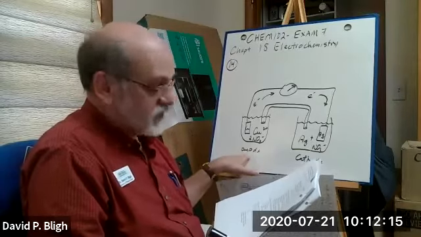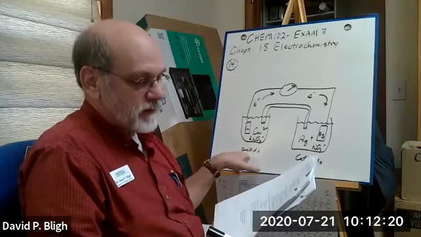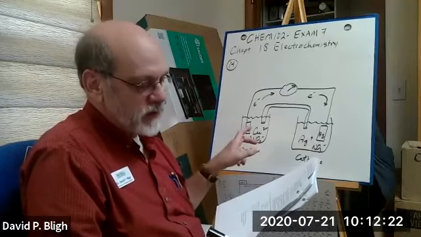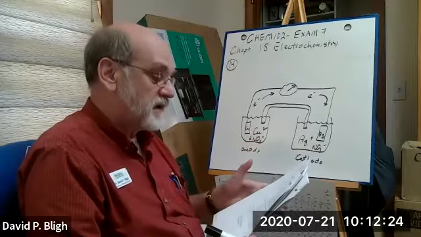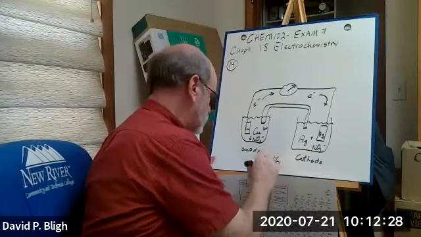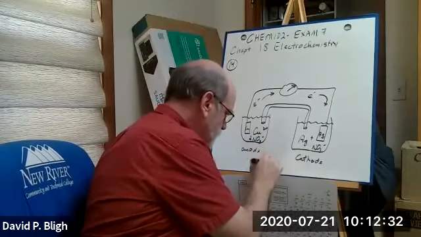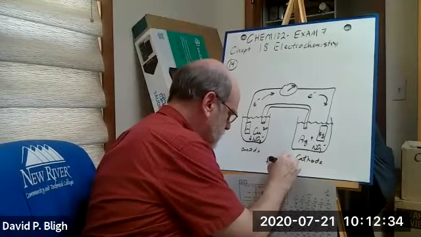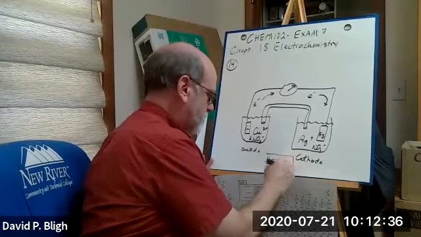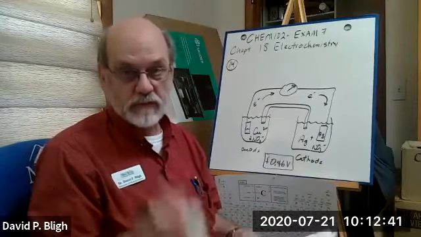You would have to flip this one to a negative, and the negative added to the 0.8 would then be plus 0.46 volts. And that's true because the conditions are standard, 1 molar solutions.